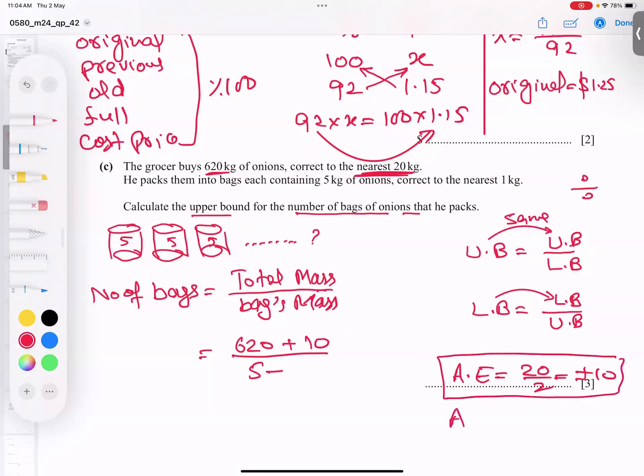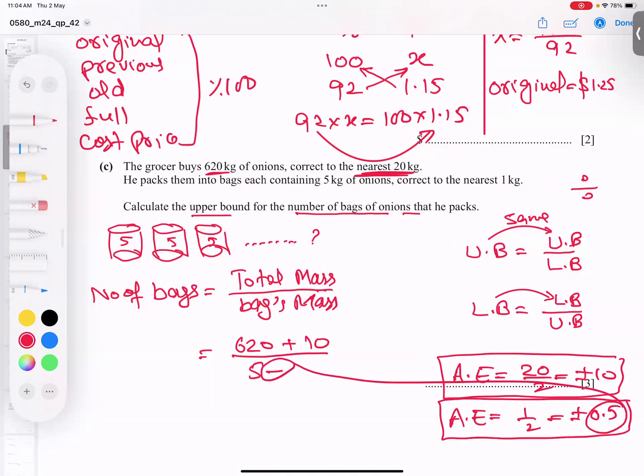Now let's talk about the bag. The bag is given to 1 kilogram, so 1 kilogram divided by 2 is plus and minus 0.5. So this is coming for the bag, and this value I want to subtract, so I will subtract. I believe, students, you understood well.